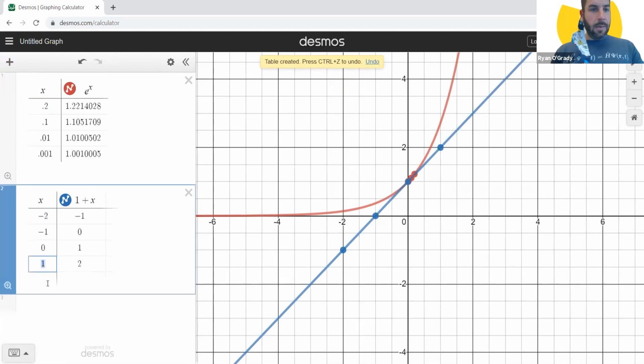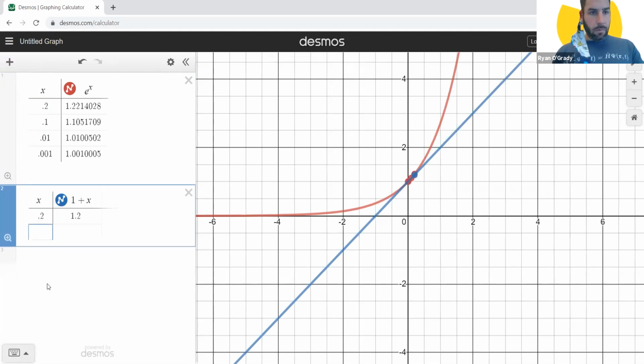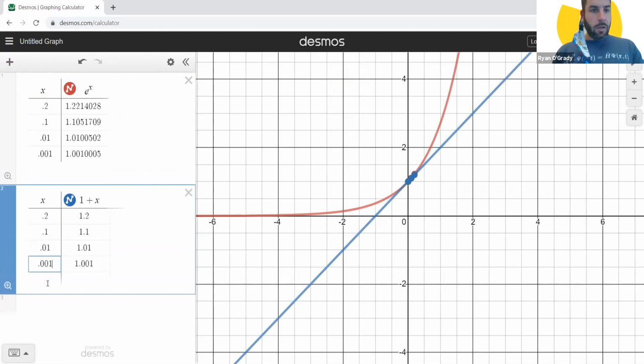And then if I do the same values here, you'll see that my approximations, look, I'm accurate to at least 1 decimal point at 0.2. I'm accurate to 1 decimal point at 0.1. Now I'm accurate to 2 decimal points, 3 decimal points, right? So the point is that when x is close to 0, these things are in agreement.